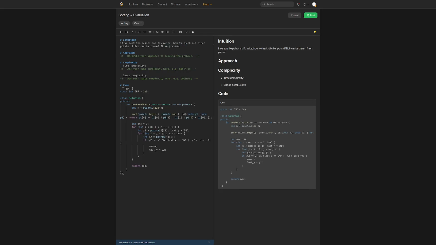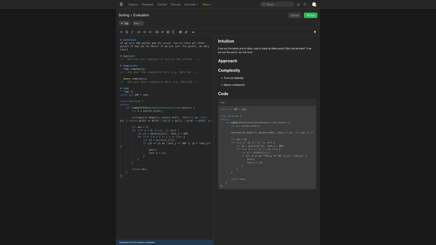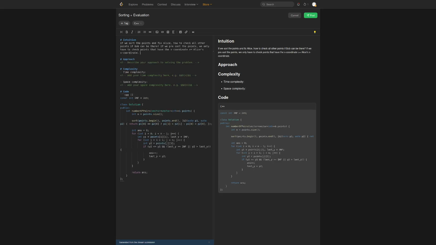If we pre-sort the points, we only have to check points that have the x coordinate larger than or equal to Alice's x coordinate.